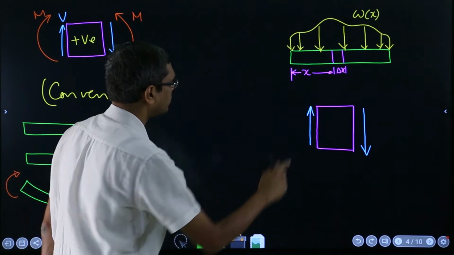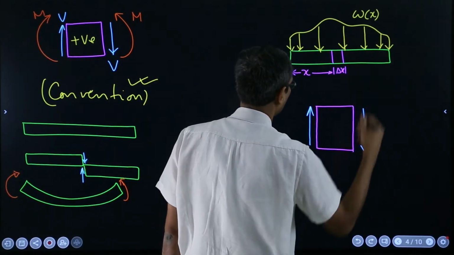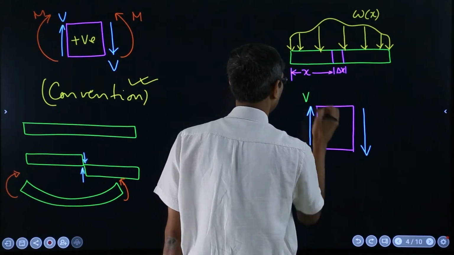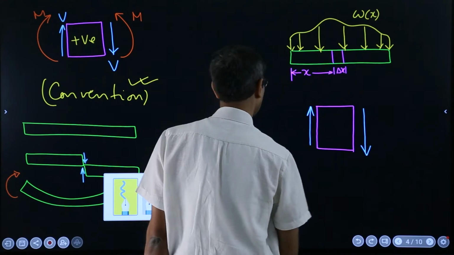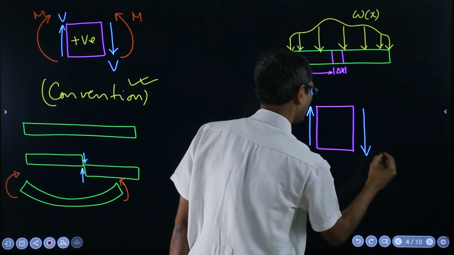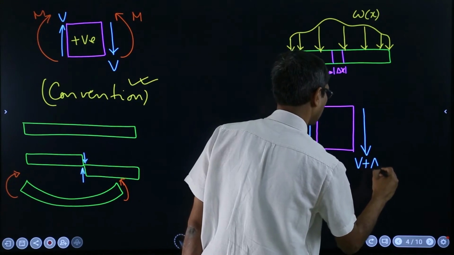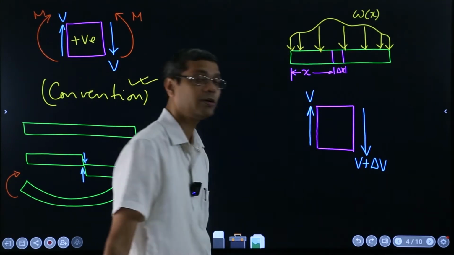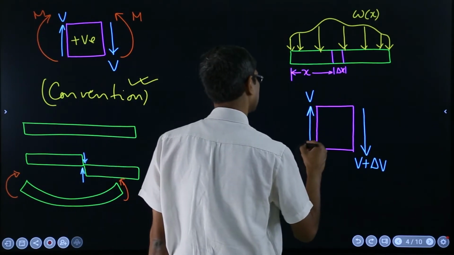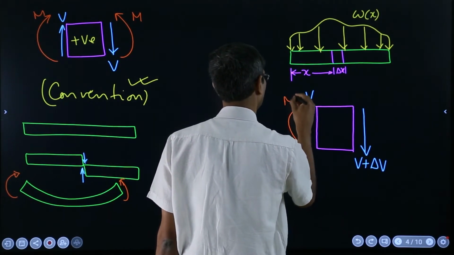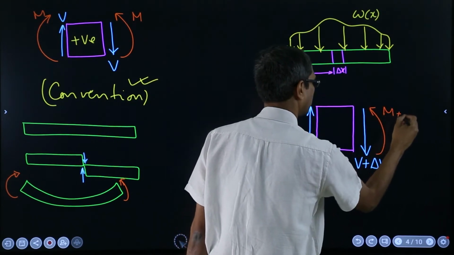Now coming back to here, because loads are acting here, if it is V here, then in the positive direction we will consider that an increase in V has happened, V plus dV, and similarly if the moment is M here, here the moment has become M plus delta M.